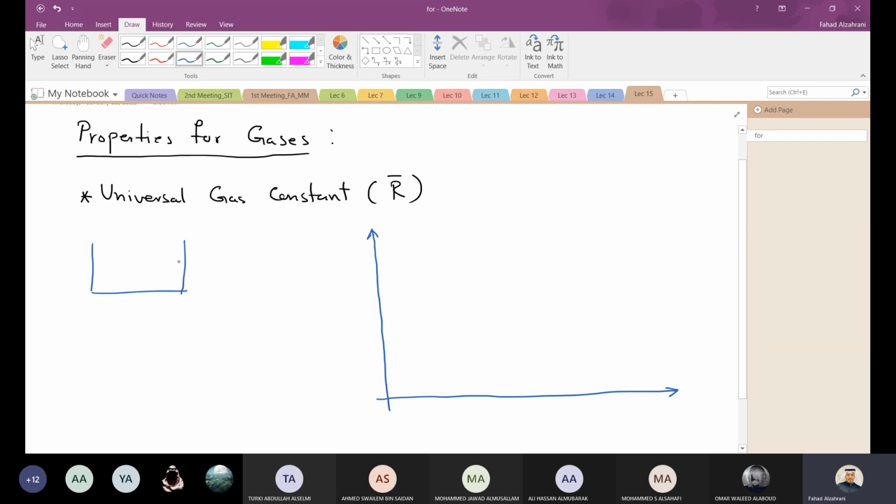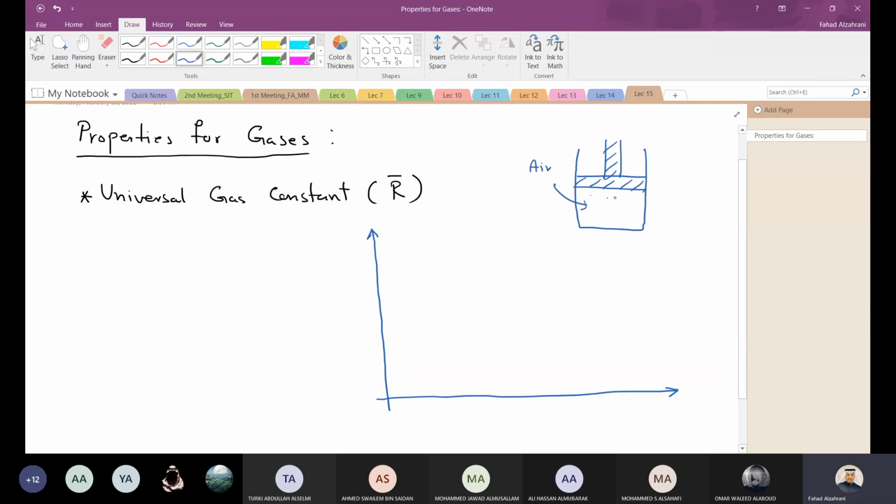Let's say we have this piston-cylinder device. Imagine that I have this piston-cylinder, and then I brought, for example, air.